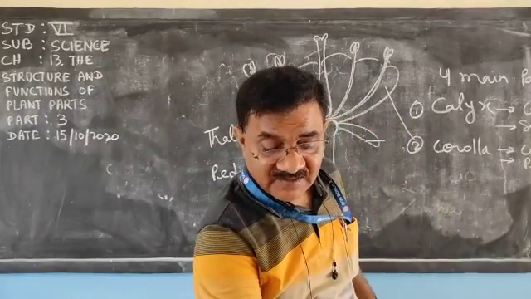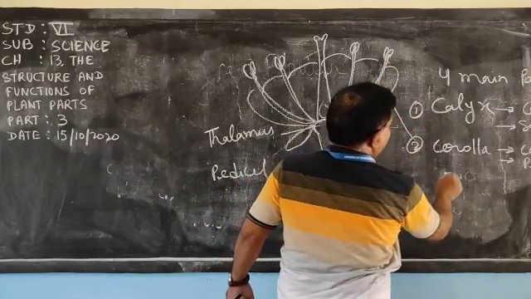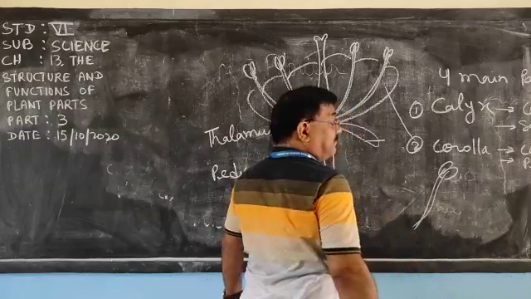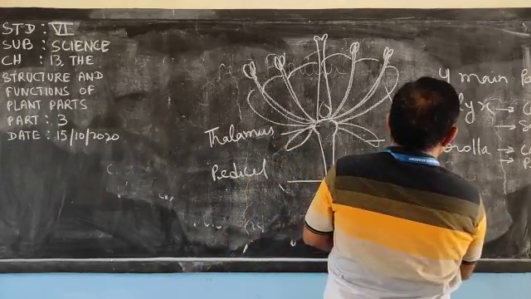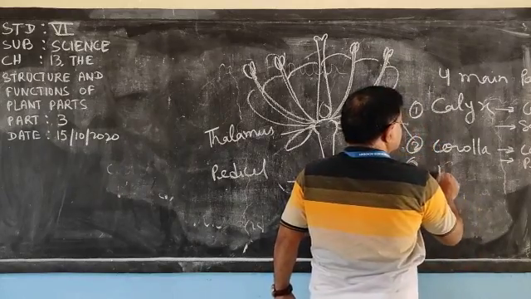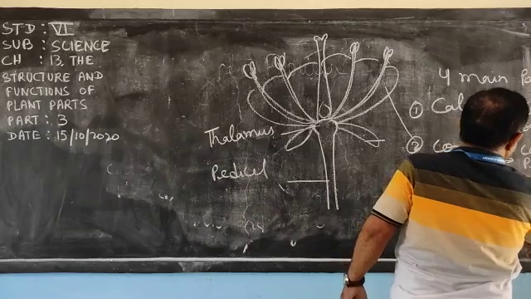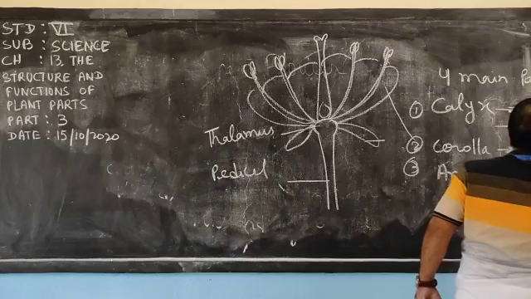Next one is this part. See here, this is the male part, and the male part is called androecium.